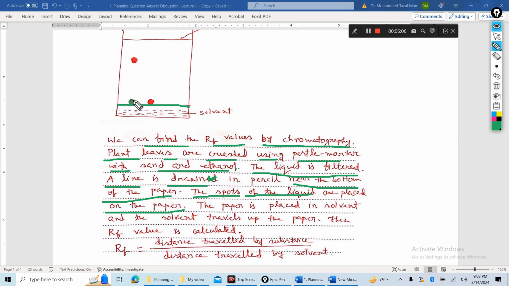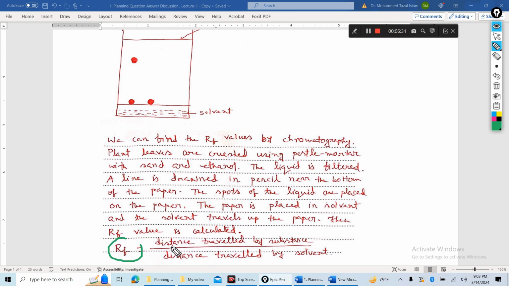Then the paper is placed in the solvent and the solvent travels up the paper. Then the RF value is calculated: RF value equals distance traveled by the substance divided by distance traveled by the solvent.